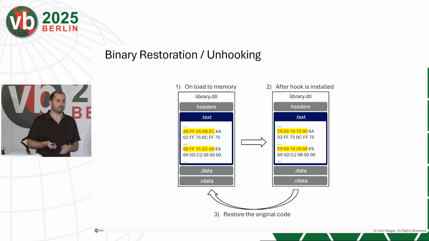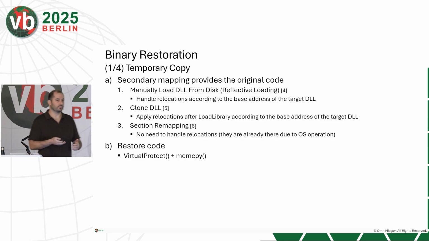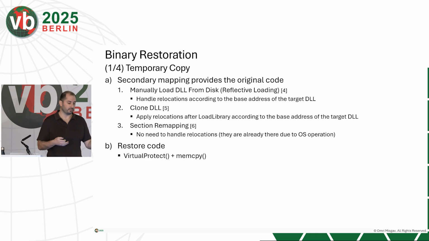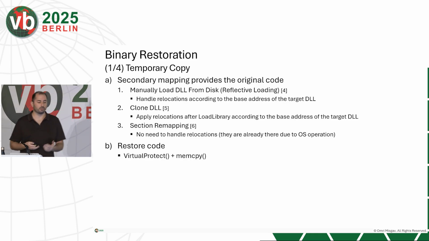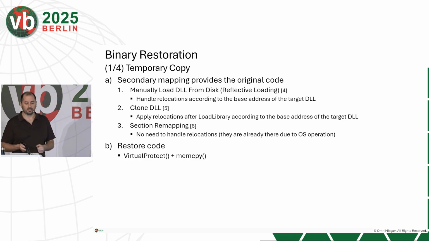There are four different techniques to do that. The first one, if you listened to the previous class, is to utilize that, because the secondary DLL mapping already gives us the original code. So we can just copy the code from there and restore it back to the original DLL in memory.